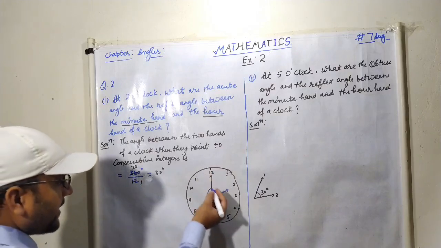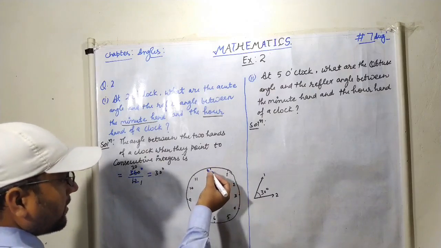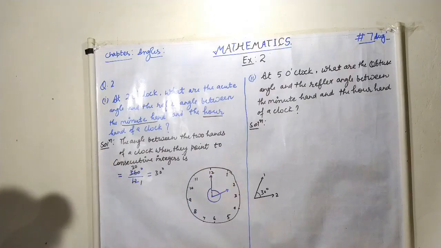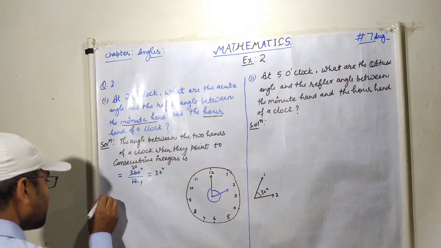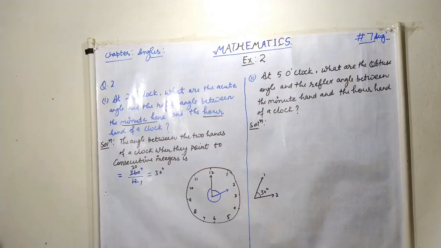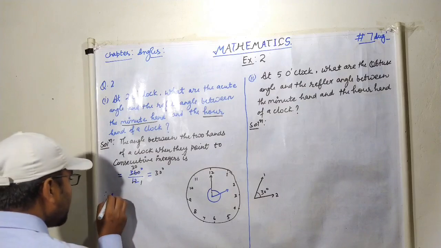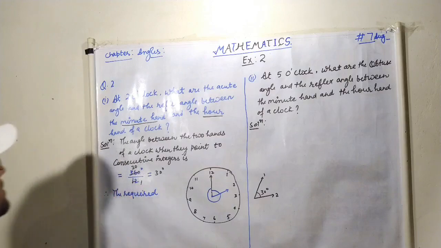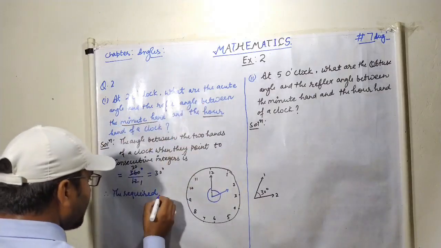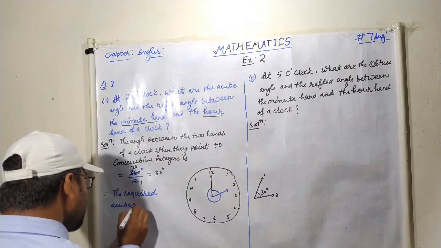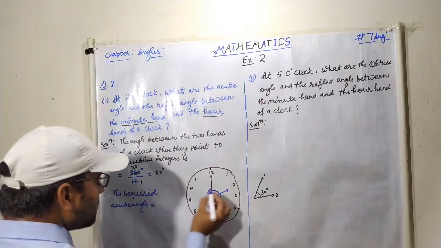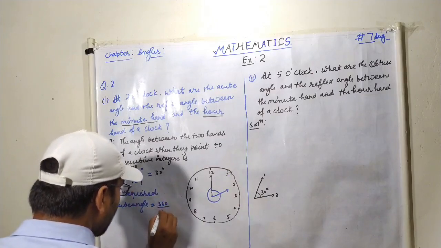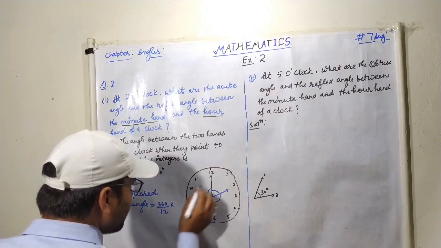So what is the angle between the minute hand and the hour hand when your hour hand is at 2 and your minute hand is at 12? Okay, so the required acute angle is equal to 30 plus 30, or you can write this as 360 upon 12 multiplied by 2.